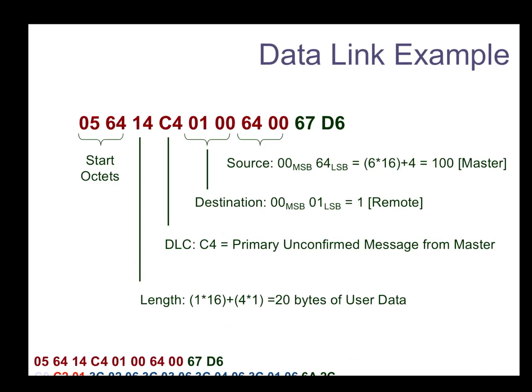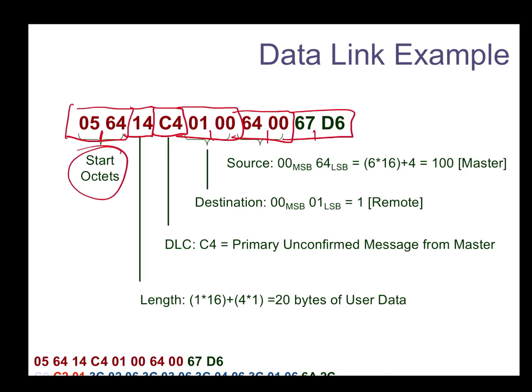So what would that mean? We start with a 2-byte value, a 1-byte value, a 1-byte value, a 2-byte value, another 2-byte value, and a 2-byte CRC. It's that simple. We just go to our breakout sheet to get that information, then interpret it one by one. Start octets, or start bytes, 0564, identify it as a DNP message.